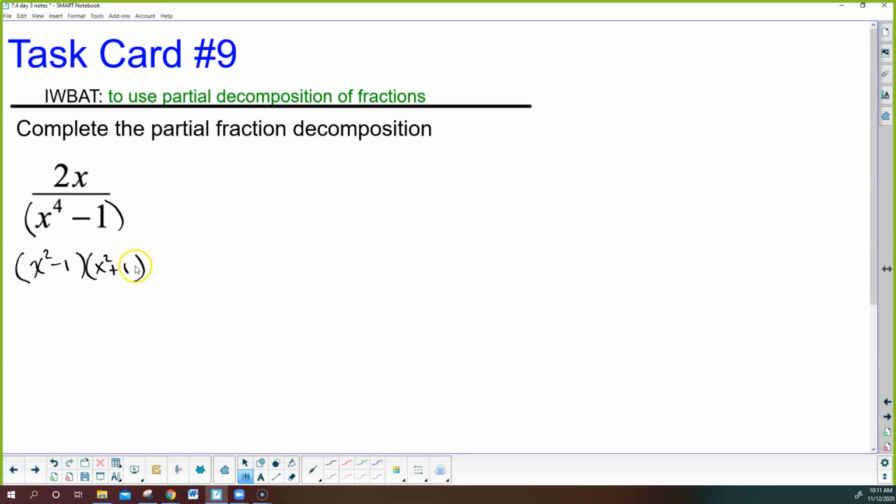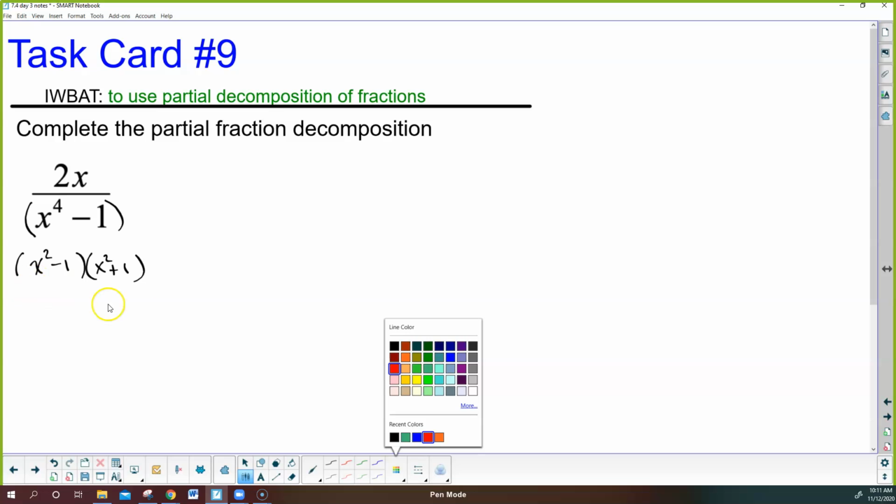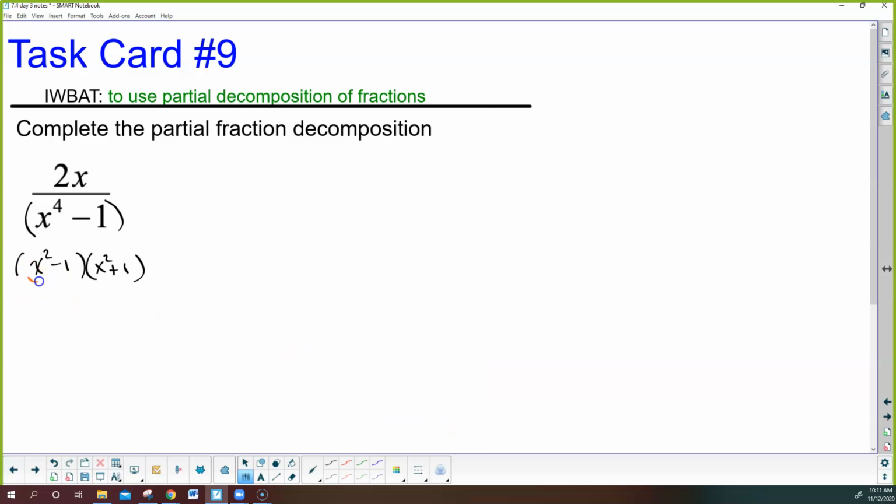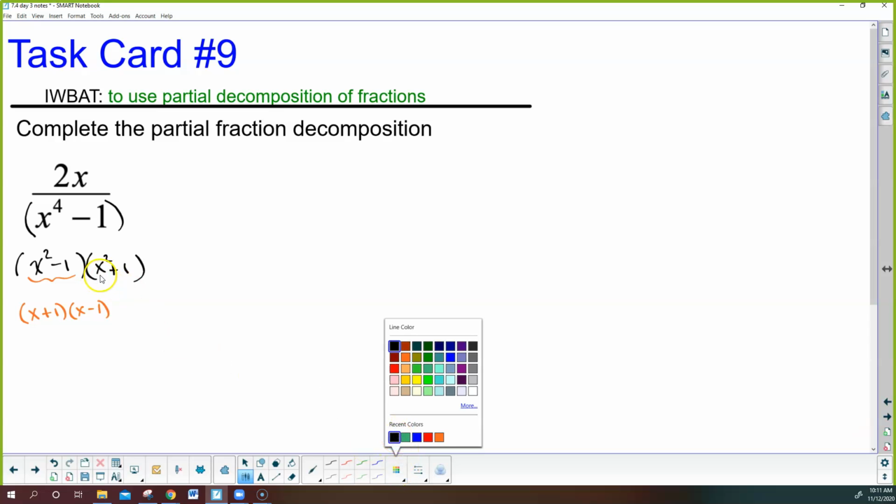But then when you look at that, you actually have another perfect square. This is the difference of squares. So this part right here, I'm going to do it in a separate color. This part right here can actually be broken down to x plus 1 times x minus 1. But notice this part right here cannot because of the addition. There are no factors of +1 that add up to give me 0.